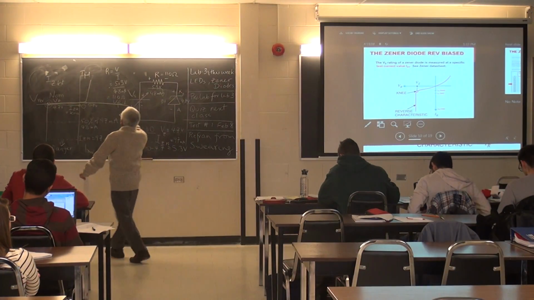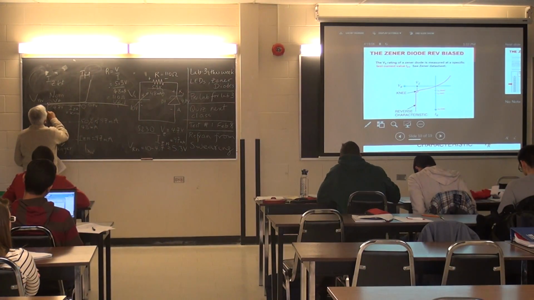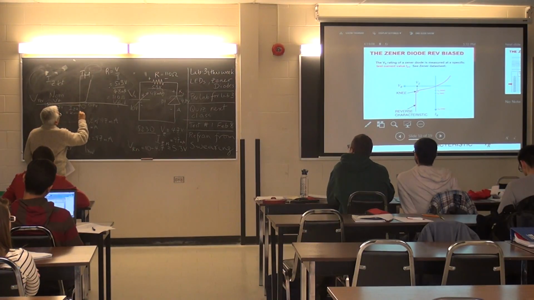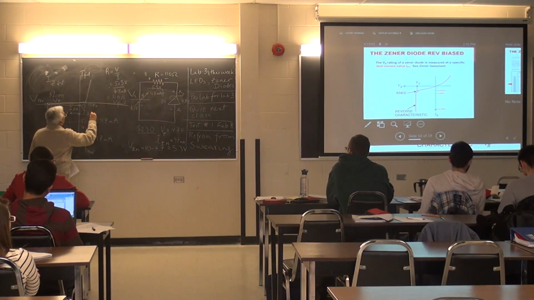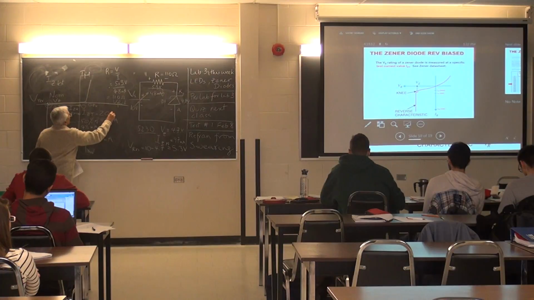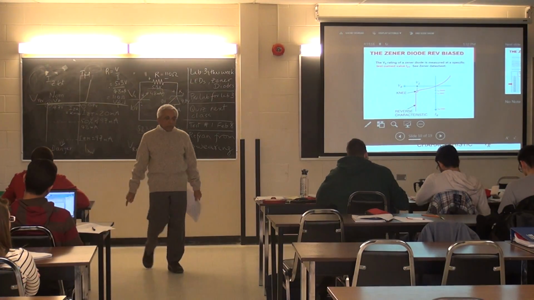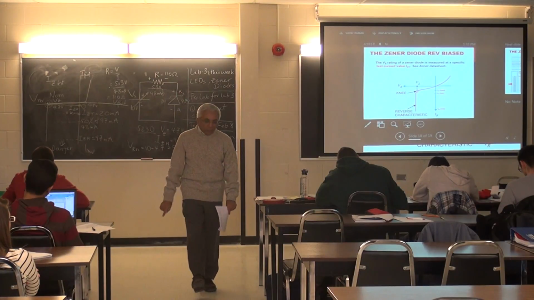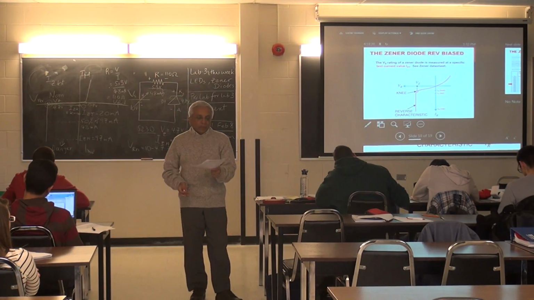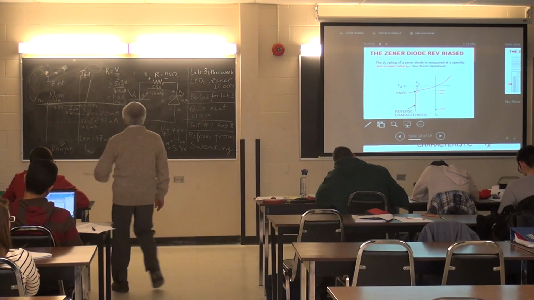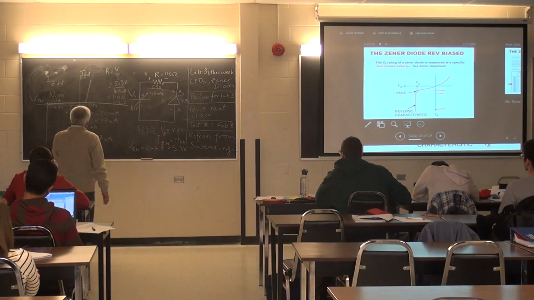So on the graph here, we can show a value here, IZT, 20 milliamps. So that zener is good for 20. If it's okay at 20 milliamps, then it is shipped out. Its maximum value is 97 milliamps.